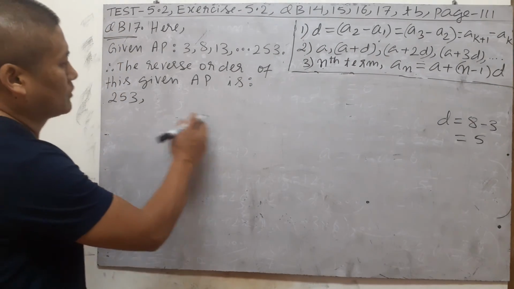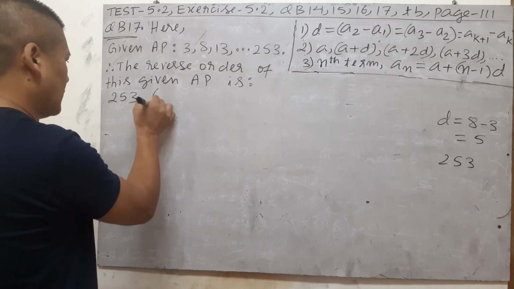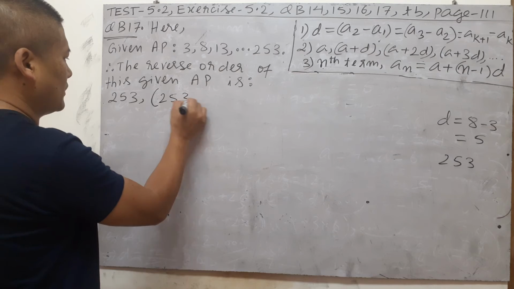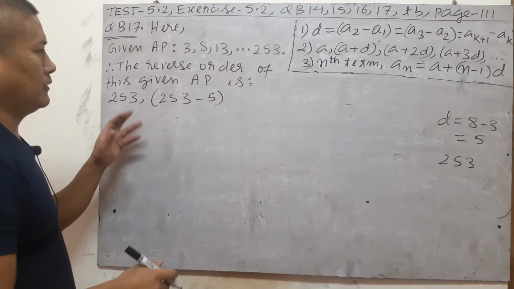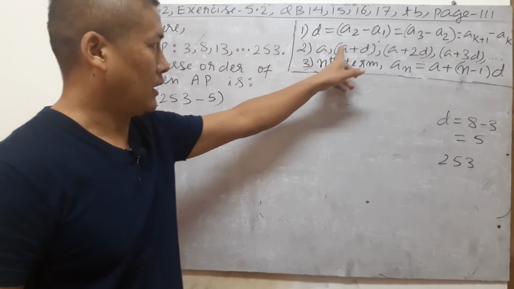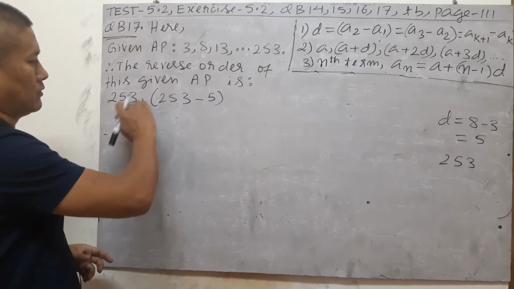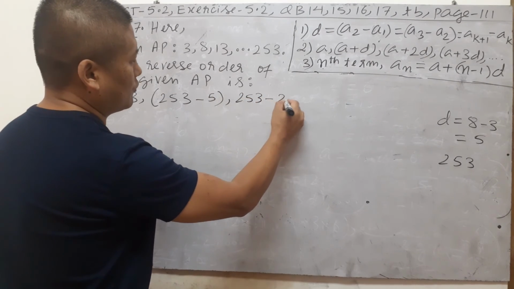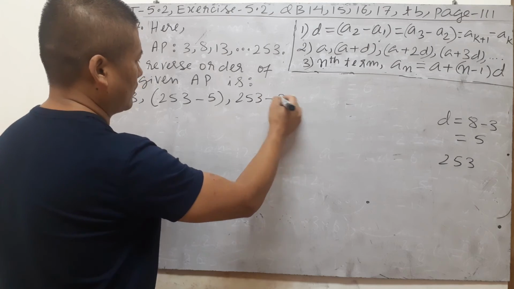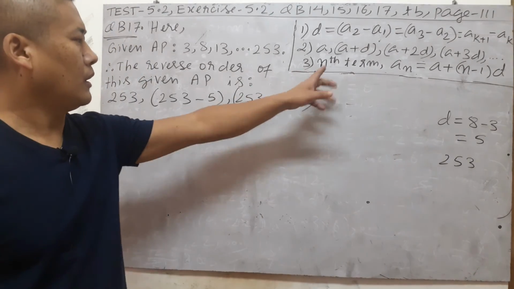So 253, then 253 minus 5. If the normal AP goes A plus D, A plus 2D, then the reverse will be minus. So 253 minus 2 into D. This is the reverse.